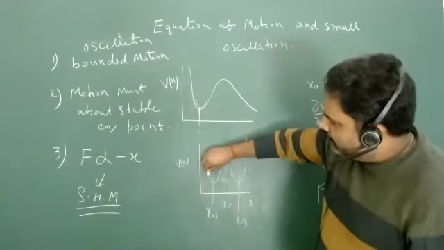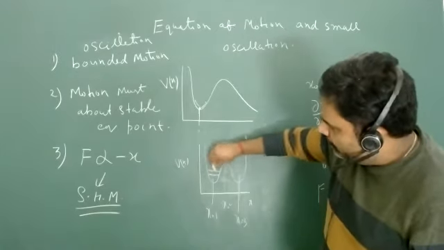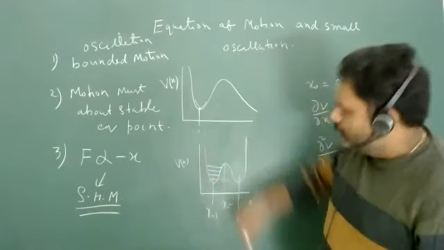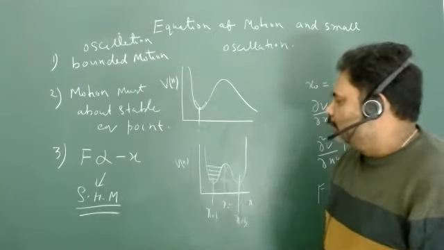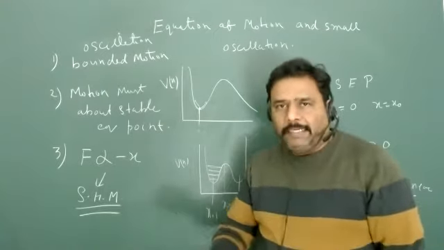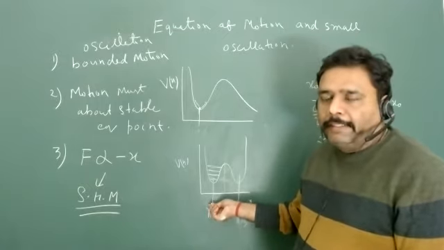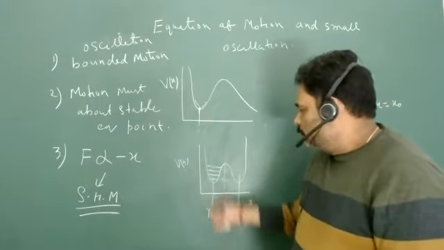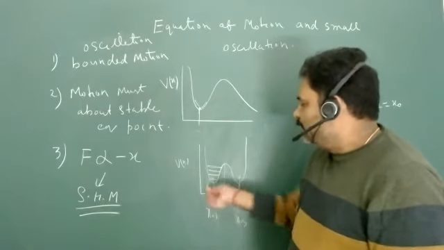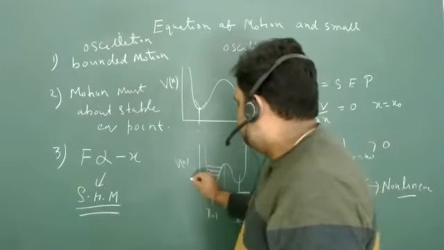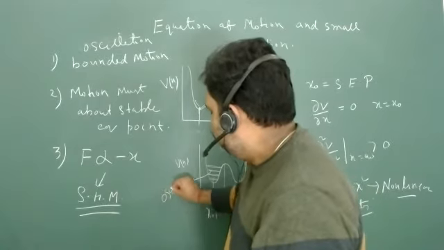If my particle is in this valley, it will execute simple harmonic motion. The motion is bounded, and this point is a stable equilibrium point, isn't it? So this motion is identified as oscillatory.